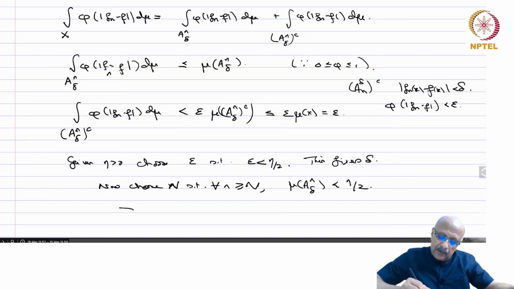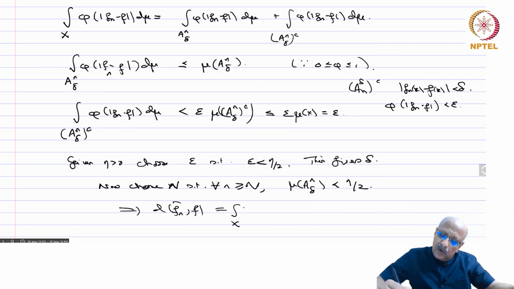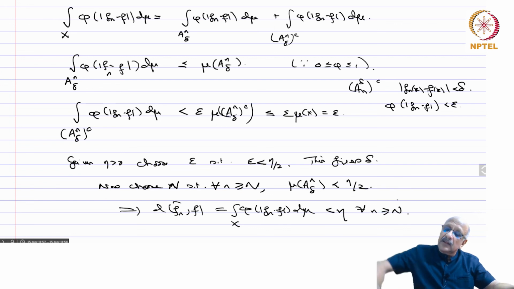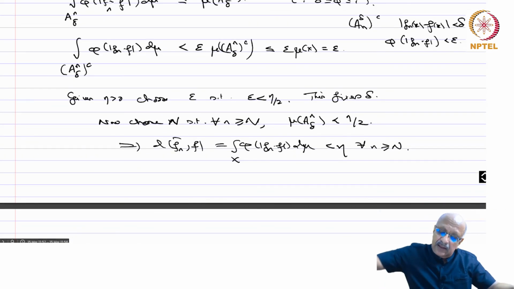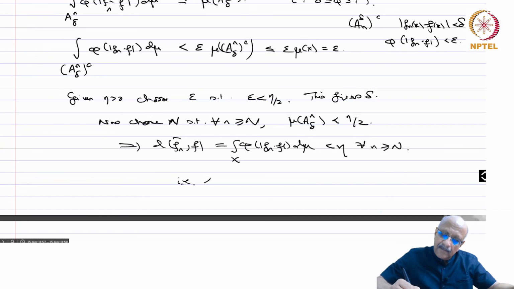And that will tell you that d of F_n bar, f bar, which is equal to the integral over X of phi of mod f_n minus f d mu, is then less than eta for all n greater than N, and that is exactly saying that F_n bar converges to f bar in M_D.